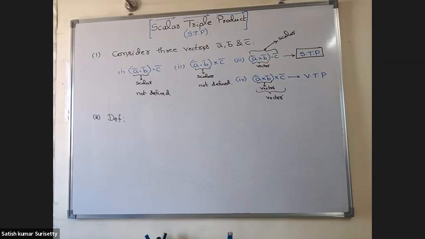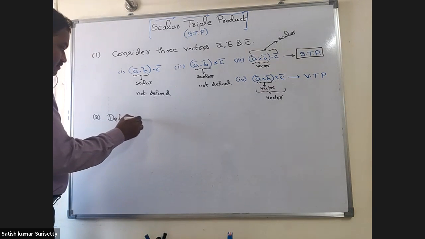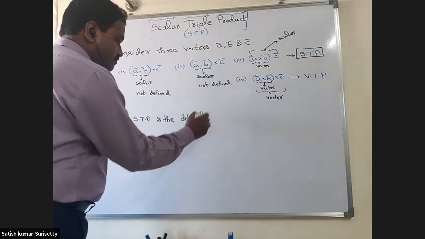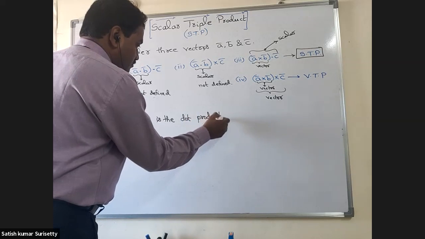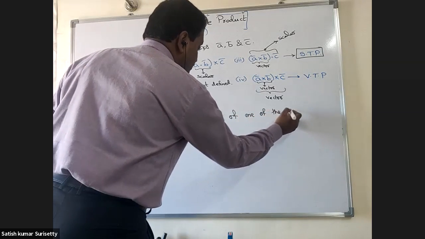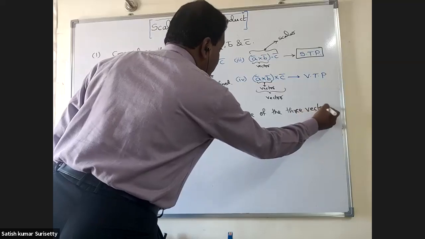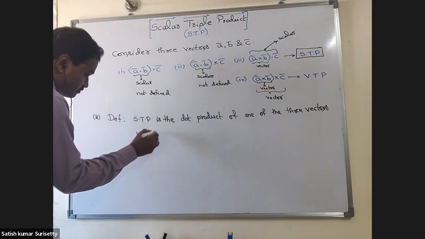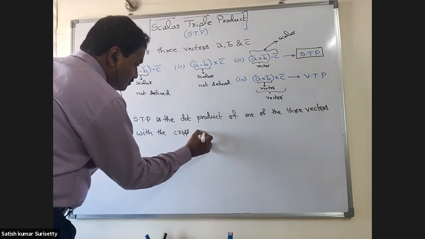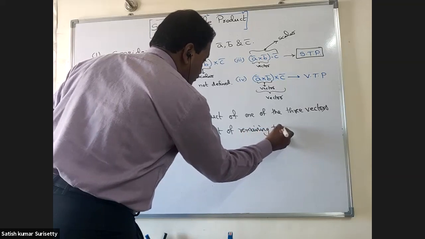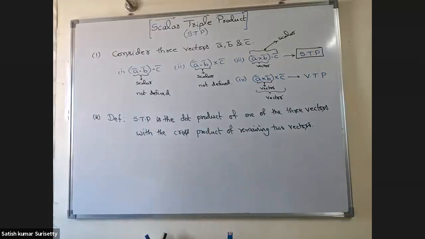Definition of scalar triple product. Scalar triple product is the dot product of one of the three vectors with the cross product of the remaining two vectors.